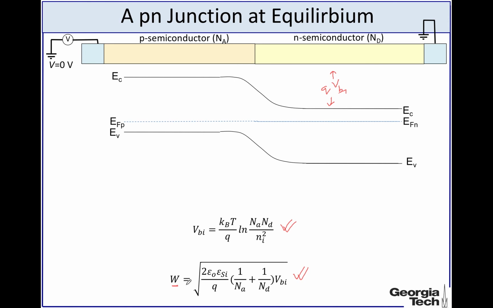So essentially it means that this depletion region cannot grow indefinitely. It will not be the case that the depletion region will grow until the entire p-type and n-type semiconductors are depleted. Rather, the depletion width will be determined by the built-in potential, and the built-in potential is determined by the doping densities of the n side and the p side.